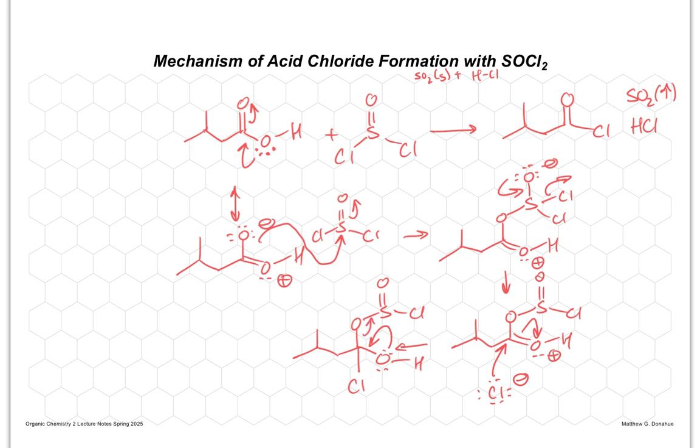That forms the second oxygen-sulfur double bond, and then Cl minus leaves. And then we generate HCl through a proton transfer.